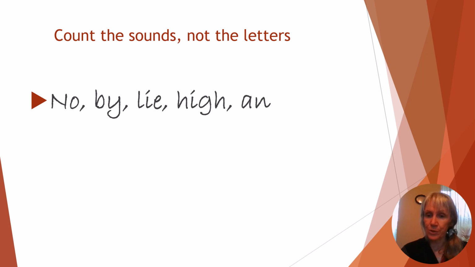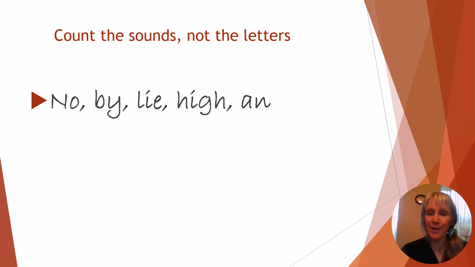Let's take the first word, no. We look at the beginning of the word, as we do when we have our syllable, and we see N. We know that no starts with the N sound, and that N is one consonant wall, one consonant beginning wall.